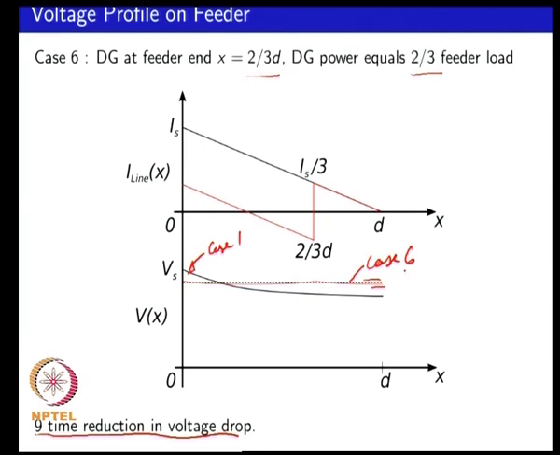So, if you look at the ideal situation, rather than one DG, you could have multiple DGs.